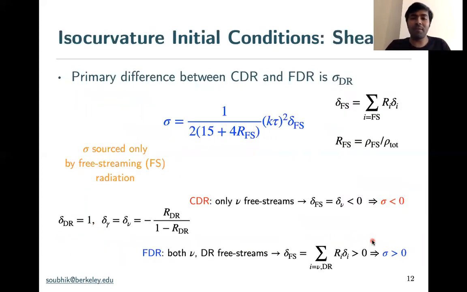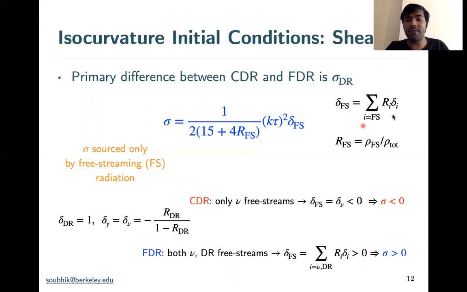Now let's see what happens for the case of isocurvature initial condition. In this case, I won't be going over the derivations, but you can show that the total anisotropic stress of the entire system is basically dependent on the overdensities in the free streaming radiation. And this is not really a surprise because that's the only thing that can contribute to sigma.